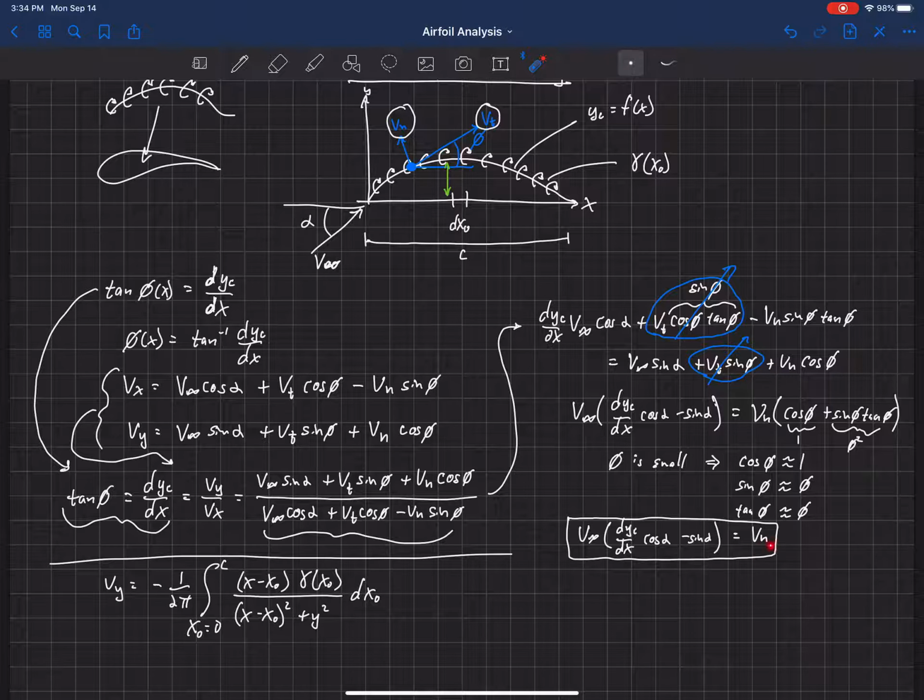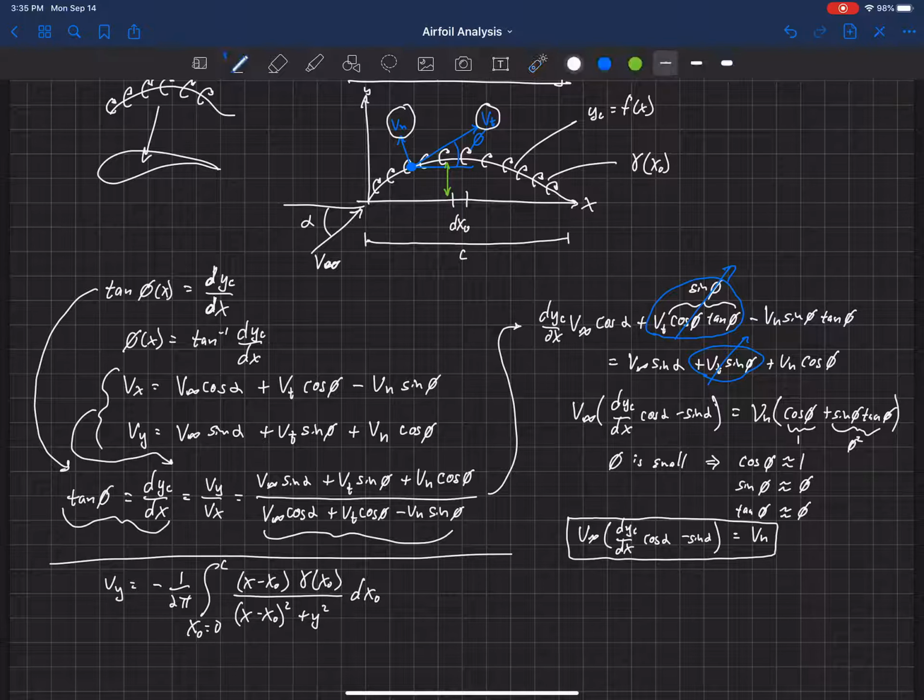Now, what we need is the normal velocity that is induced by this sheet. And so the normal velocity is the y direction if phi is small, right? So if that panel lies on the x-axis, then the normal velocity here is simply in the y direction.